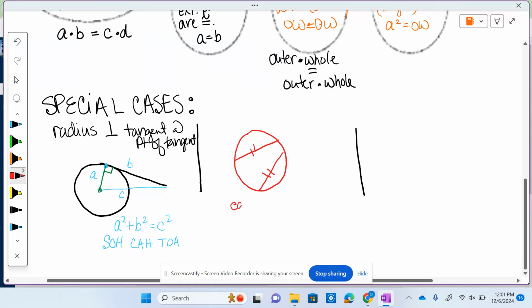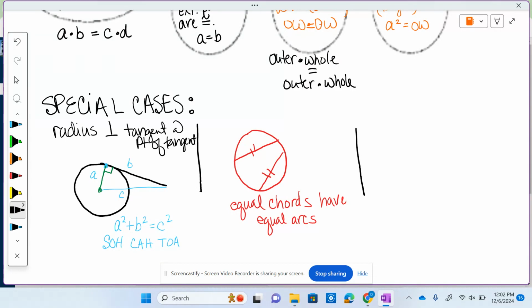So equal chords have equal arcs. So if you have congruent arcs marked, you know that the chords that created those arcs are also congruent.